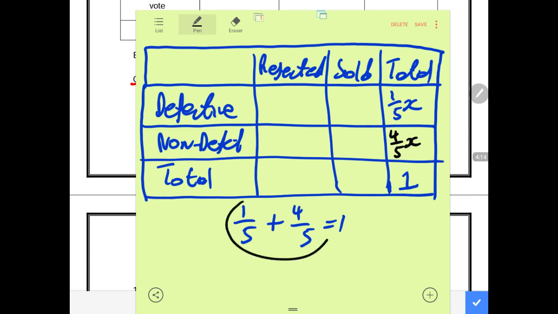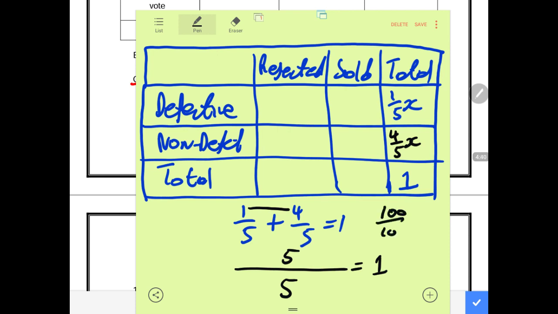Coming back to the calculation I've shown you before, for simplification we take the lowest common denominator as 5. If the bases are the same, you keep the base and add your numerators. So 4 plus 1 gives us 5, and 5/5 is equal to 1, and 1 is 100%. Remember, 100% is 100 over 100, which is equal to 1.